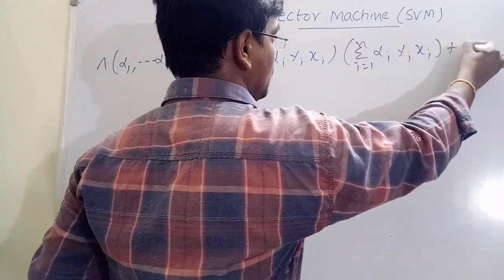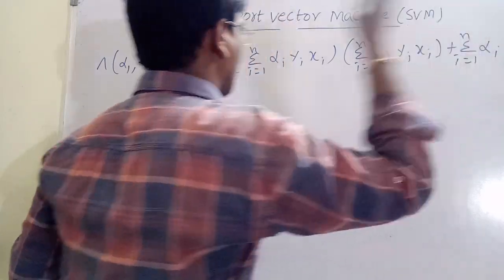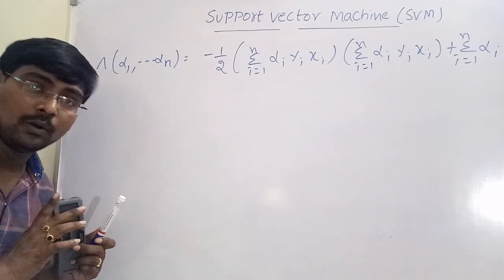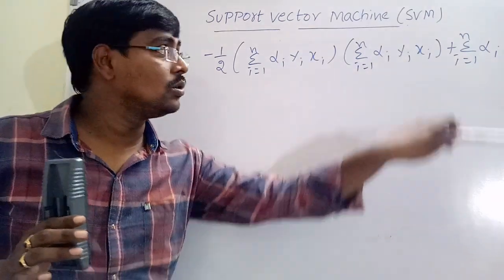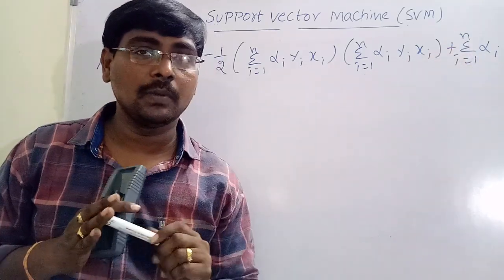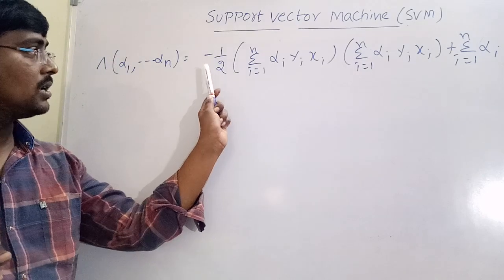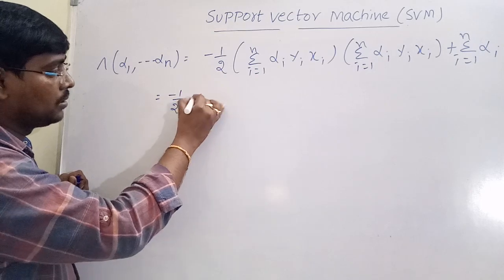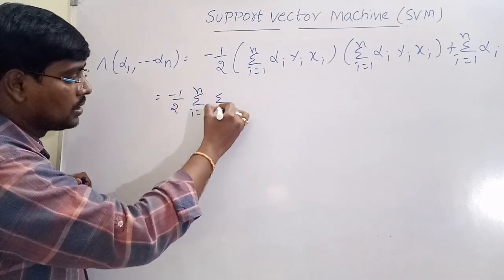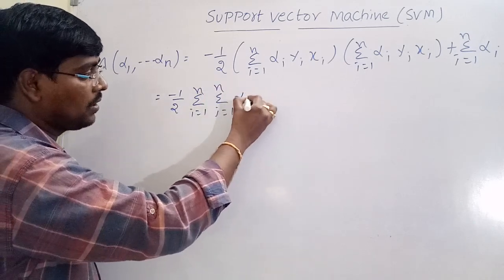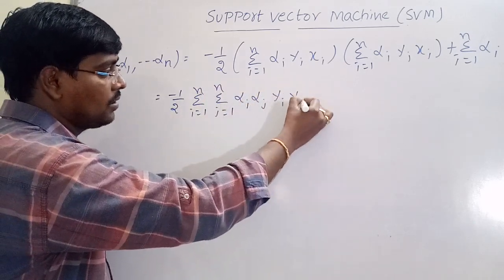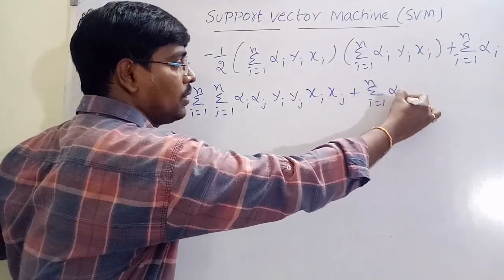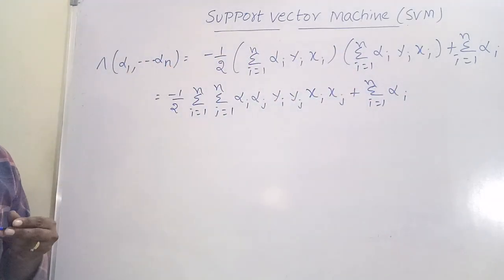By eliminating the expressions w and t, the first term is 1 by 2 w square and the last one is sigma i equals 1 to n alpha i. So in the dual optimization problem we are considering minus 1 by 2 w square, which is minus 1 by 2 sigma i, sigma j equals 1 to n alpha i alpha j yi yj xi xj, plus sigma i equals 1 to n alpha i.